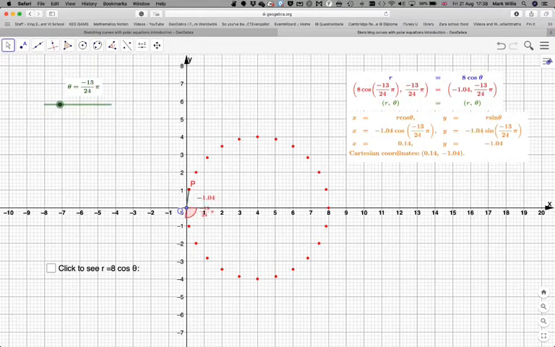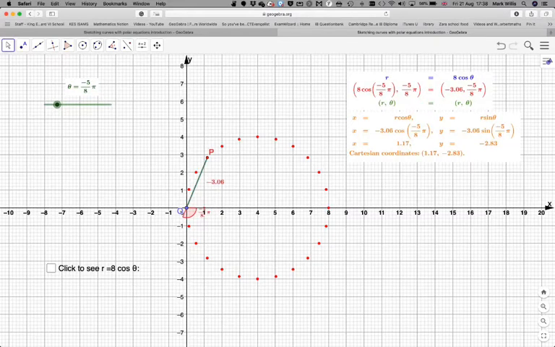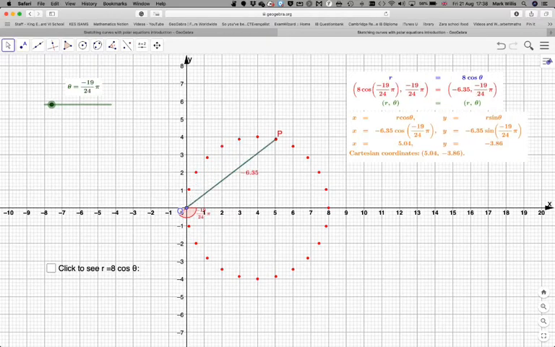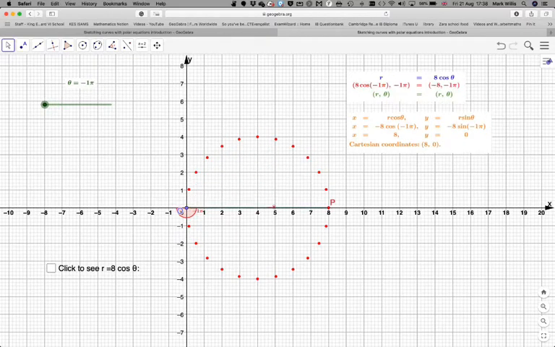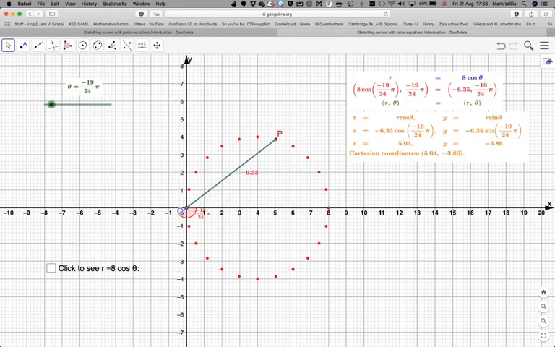When we get past here, the angle carries on round, but we know that cos in this quadrant is negative, and therefore we're going to get a negative r, minus 3.06 again. So instead of going that direction, we go in the opposite direction. And this is how you can draw a graph of a polar equation.